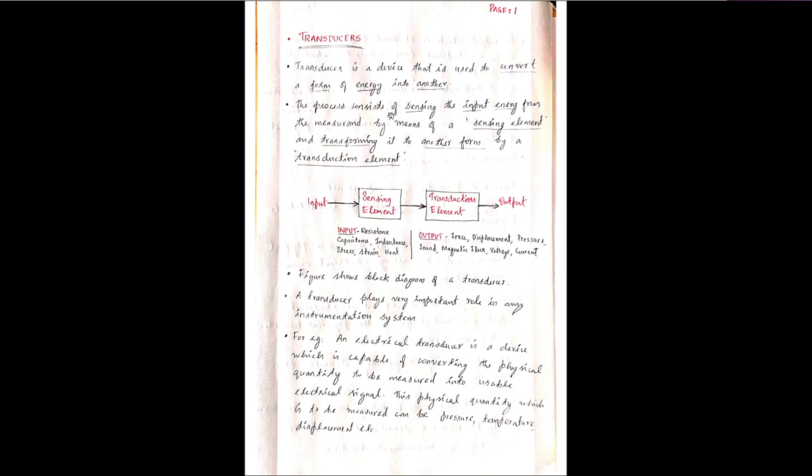In a transducer a sensing element will be there, and it will feed into a transduction element. Input will be fed to the sensing element, and in the transduction element it is converted into the desired physical quantity. So output is fed from the transduction element.